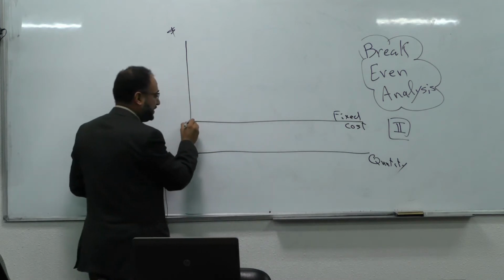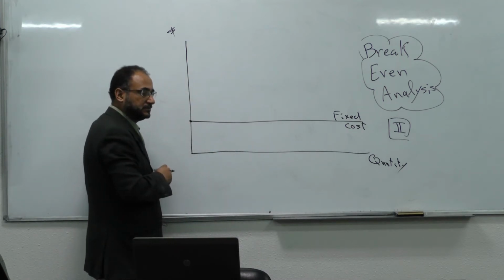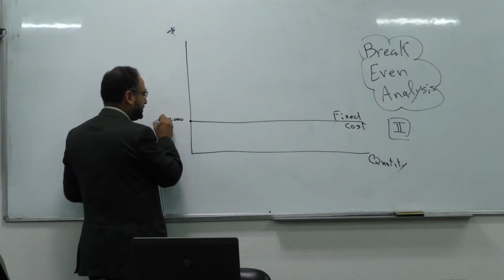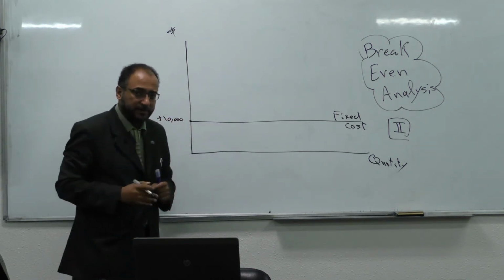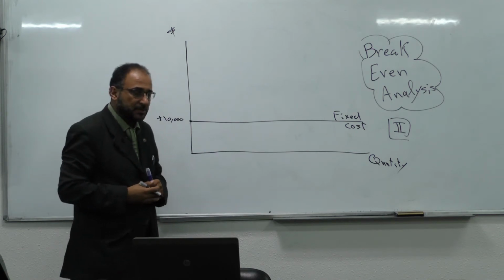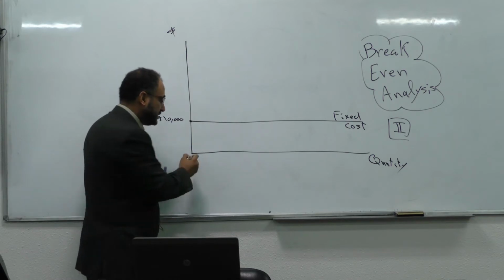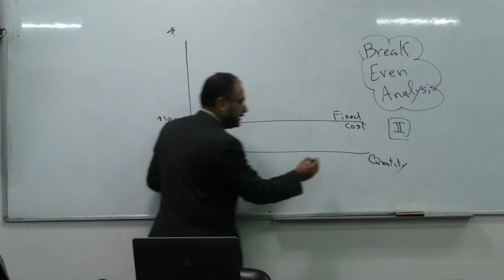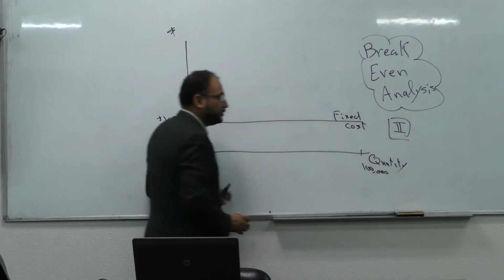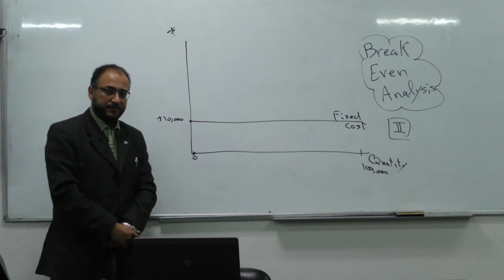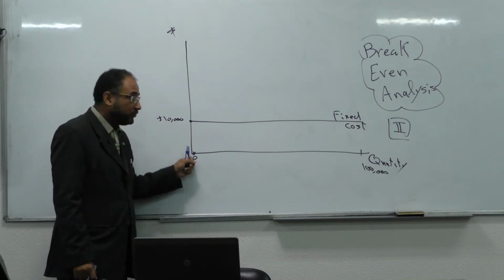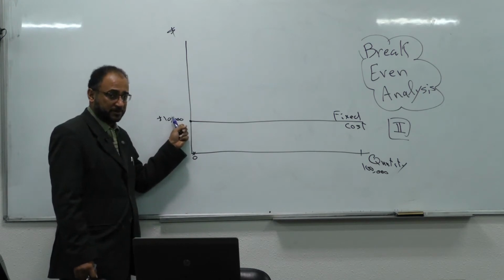It starts with a simple number. Think about, for example, $10,000 a year, you will pay it. So when you are producing zero, or a million or 100,000 units, you are paying the $10,000. But when you are producing zero, it means you are losing $10,000.